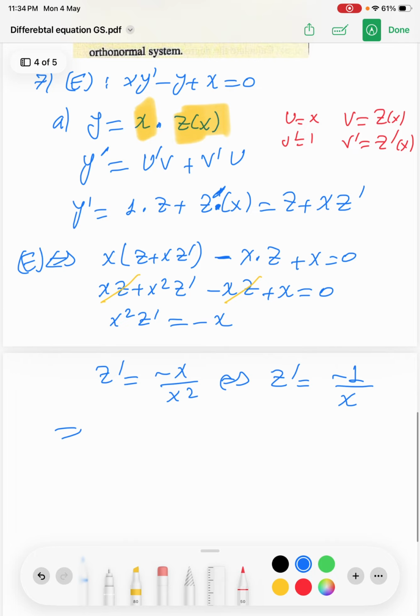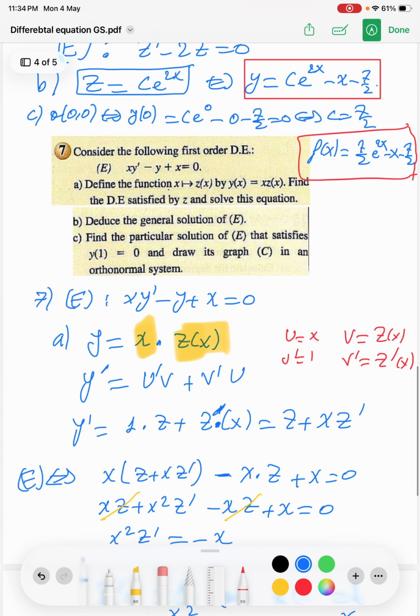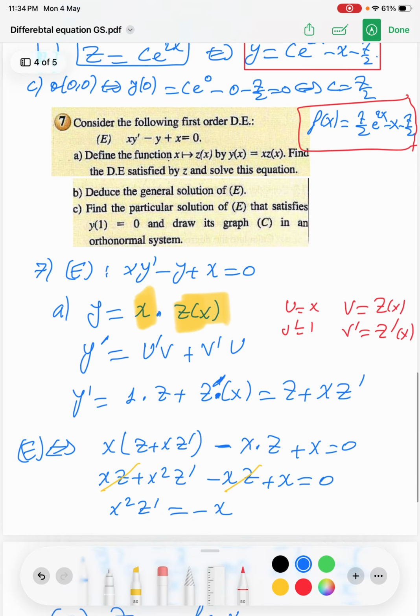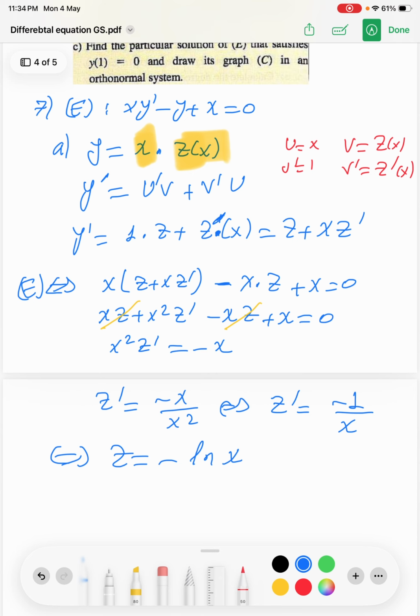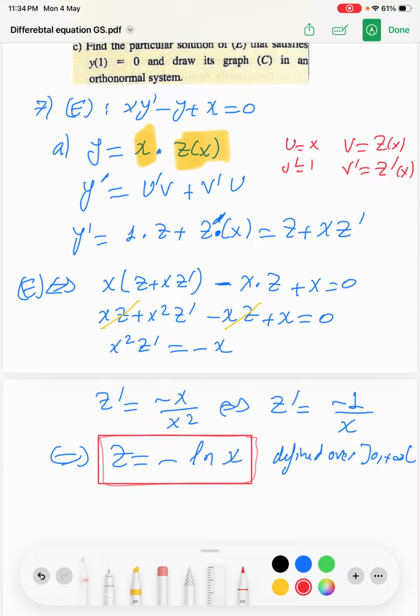z prime equals minus 1 over x, so z equals minus the antiderivative on both sides, z equals minus logarithm of x. Now if we were given a domain, but there is no domain here, we will say defined over 0 plus infinity. The logarithm function must be defined over 0 plus infinity.